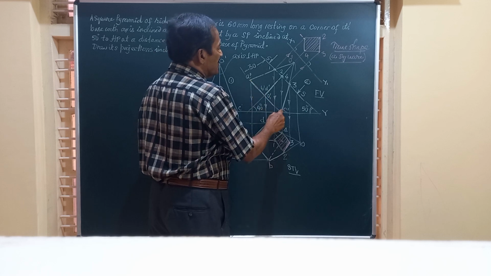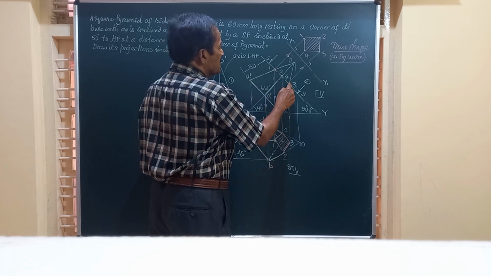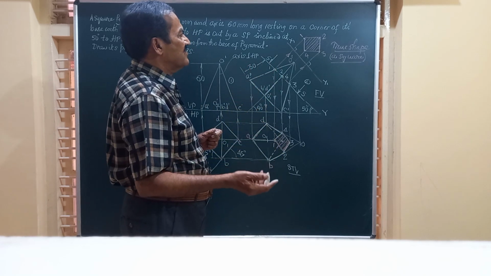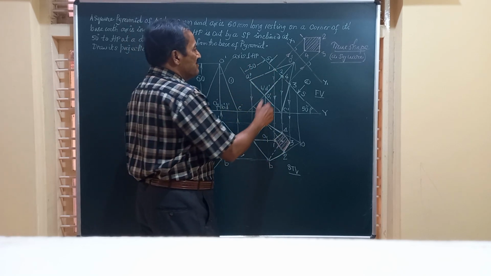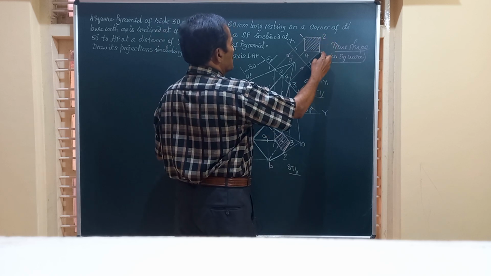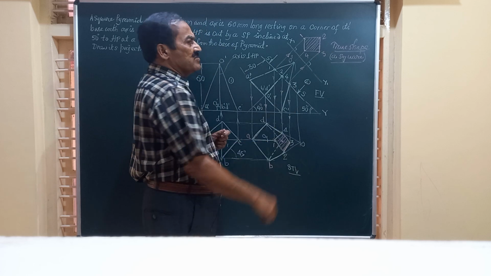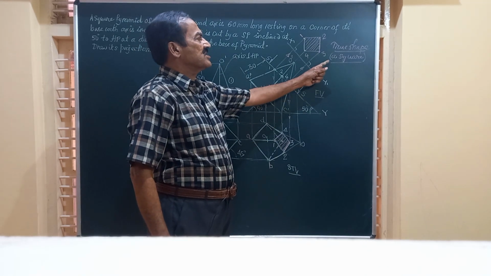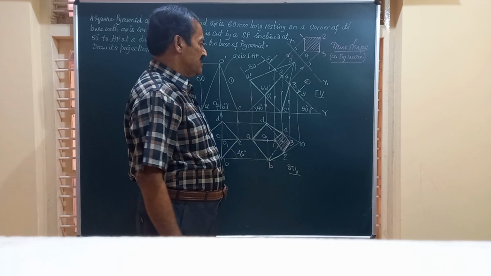This base is a square, and hence in the true shape you are going to get a perfect square. And in fact, if you are asked to find the dimensions of that square, you can simply measure either 1, 2, 2, 3 or 3, 4, which will give the size of the true shape of the section, which is a square in this case.